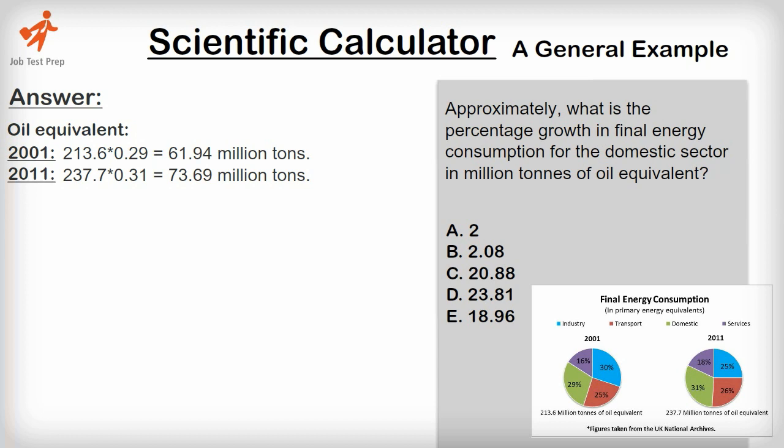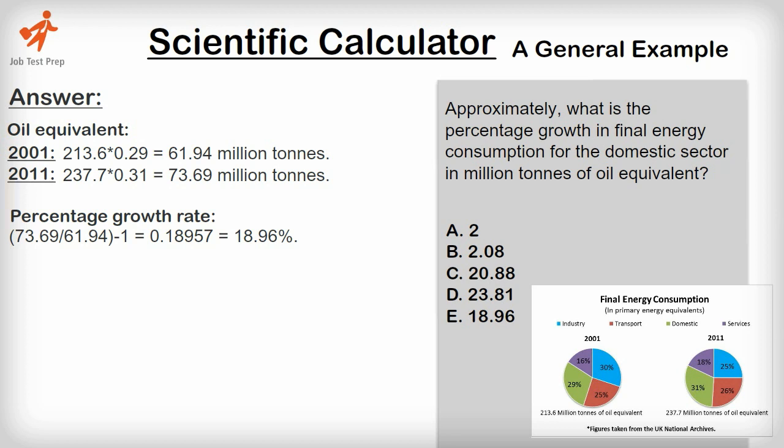In 2011, 237.7 times 0.31 equals 73.69 million tons. Calculating the percentage growth rate, open brackets, 73.69 divided by 61.94 close brackets minus 1 equals 0.18957 equals 18.96%.